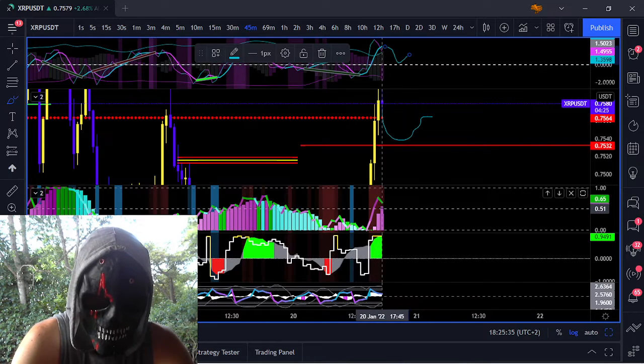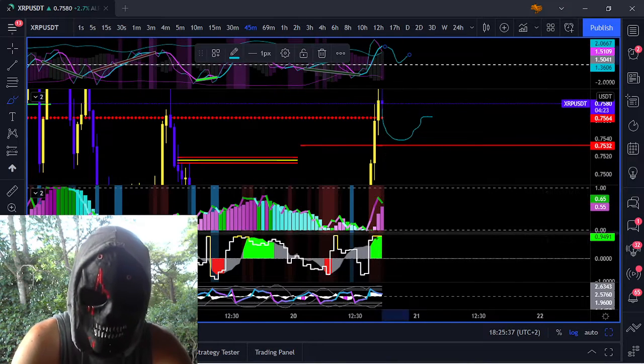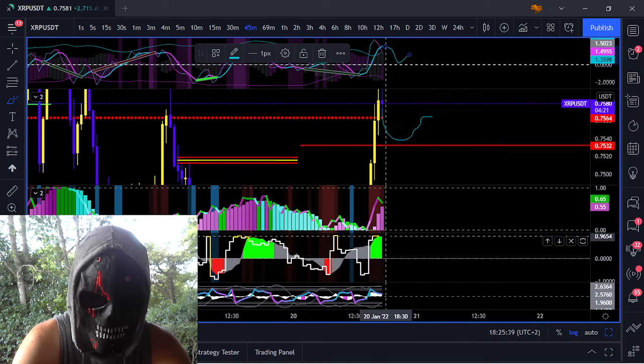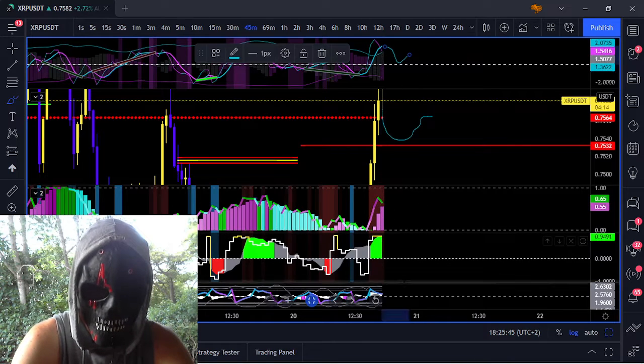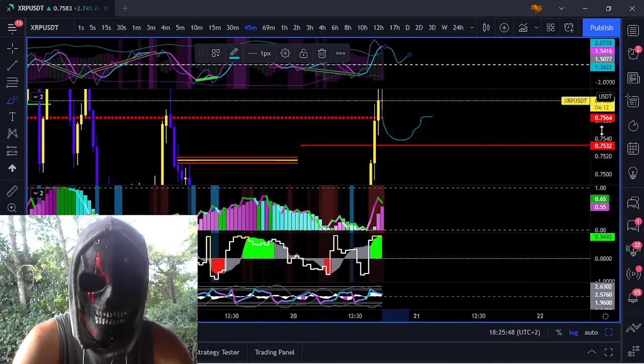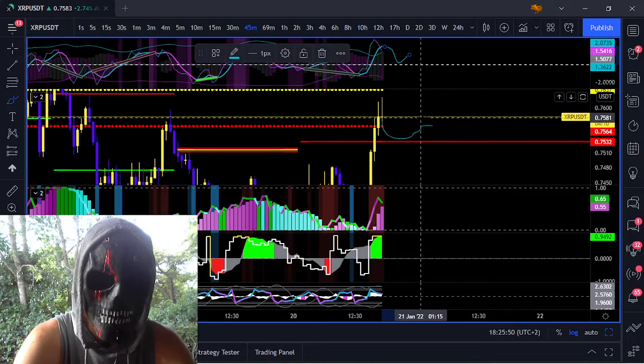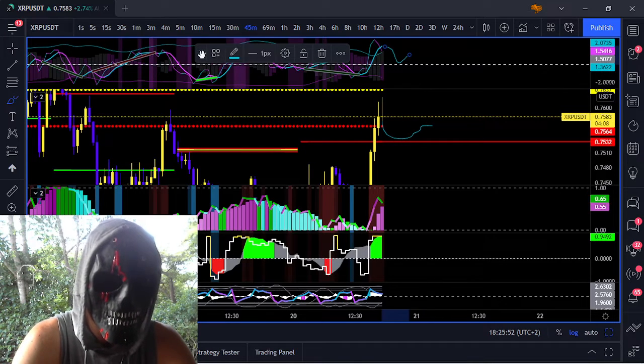Looks like our first unsmooth one is starting to cool off. We haven't got any correlation for our first one yet, as this is still going sideways. So as soon as these guys start to tick together, we should have a new direction, or at least see for continuation. So that's what we'll be looking at on a 45-minute.